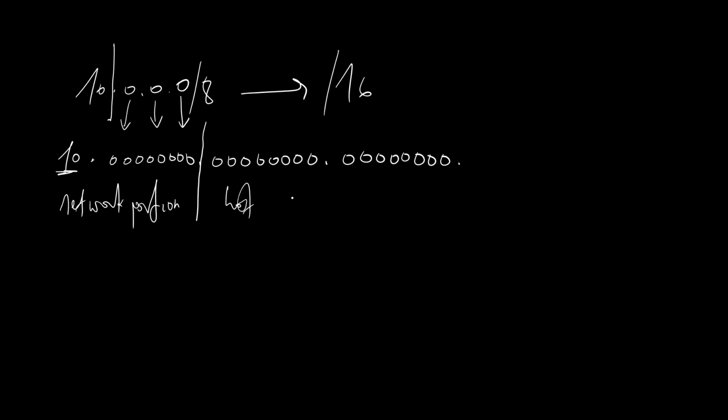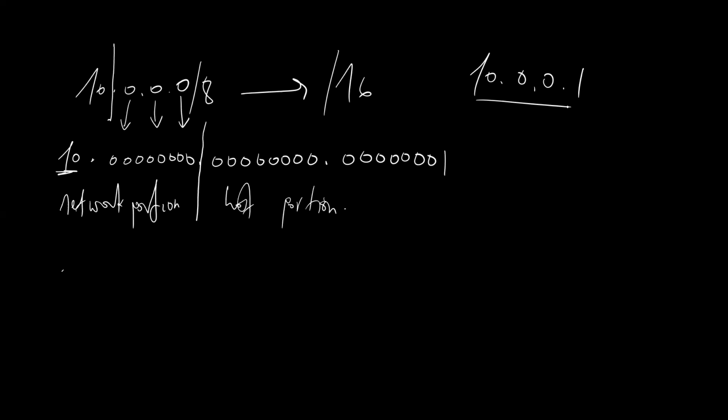This becomes the host portion. The first IP address that we can have from this network is 10. We just change this 0 to a 1. That's the first IP address that you can assign, and in decimal, that IP address is 10.0.0.1. That is the first IP address of the network.